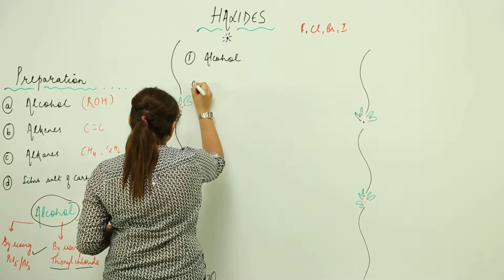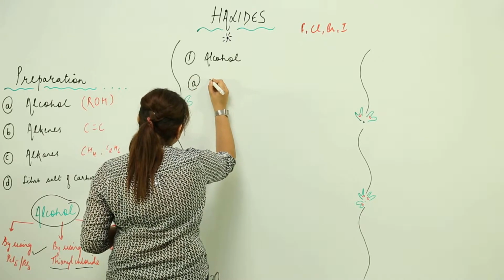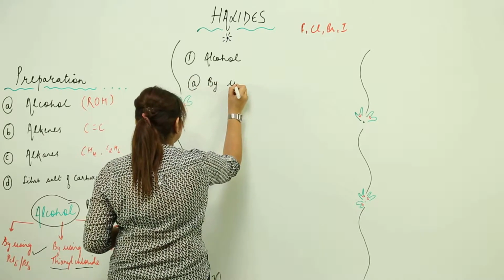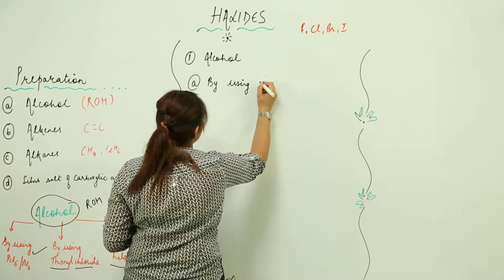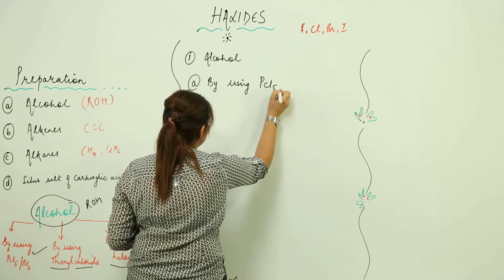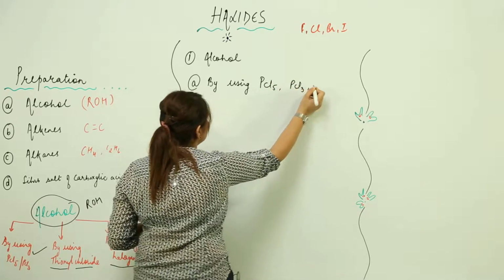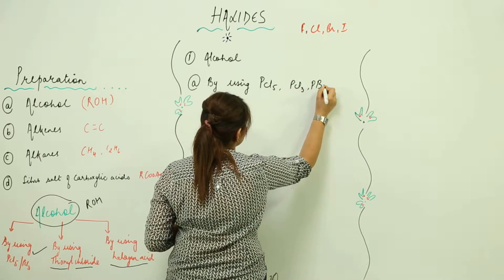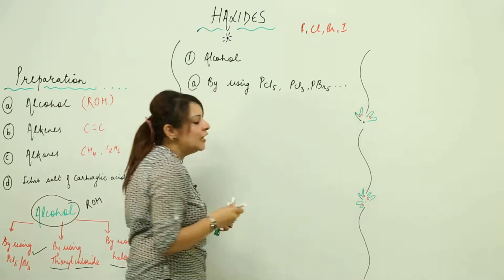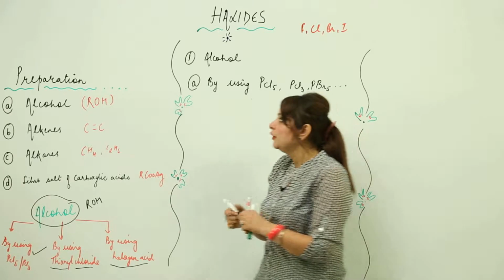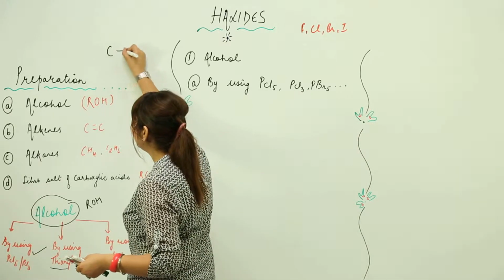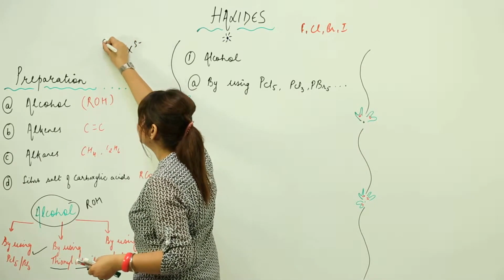So the first method, as I told you, is we can prepare by using the phosphorus halides. So let's say PCl5, PCl3 or PBr5, we can use that, right. And the basic thing behind this reaction occurring is that we all know the bond between C and X is polar, with partial negative and partial positive charge.